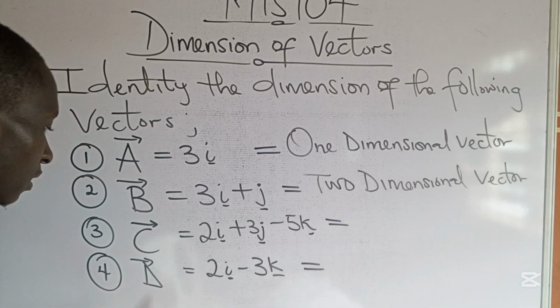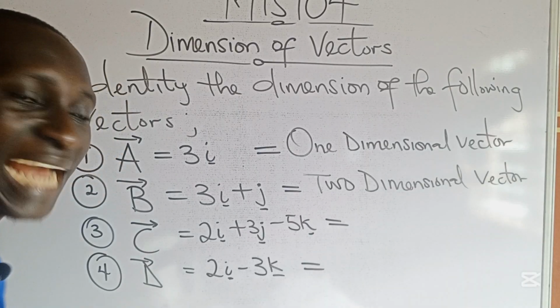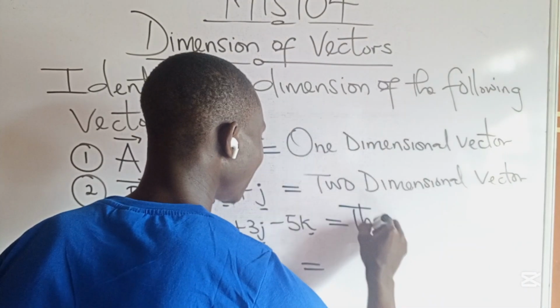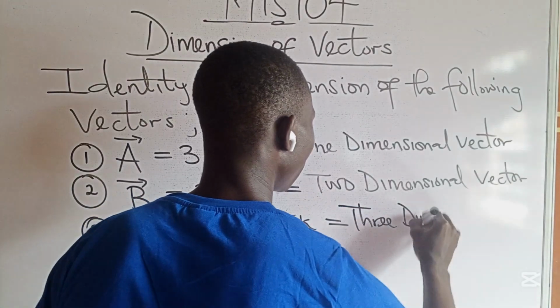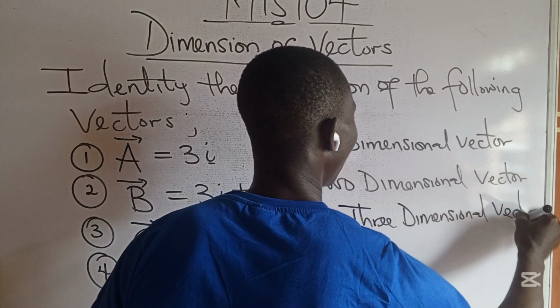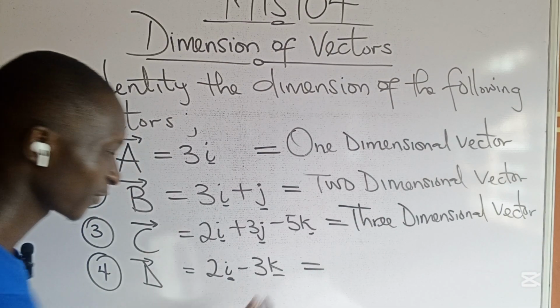Now C has I, J, K. Since it has I, J, K, then it is what? A three-dimensional vector, isn't it? And lastly, what's your answer?